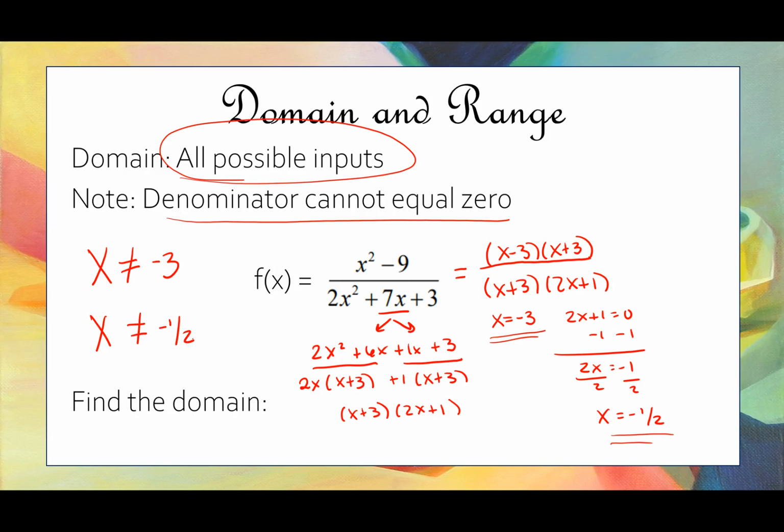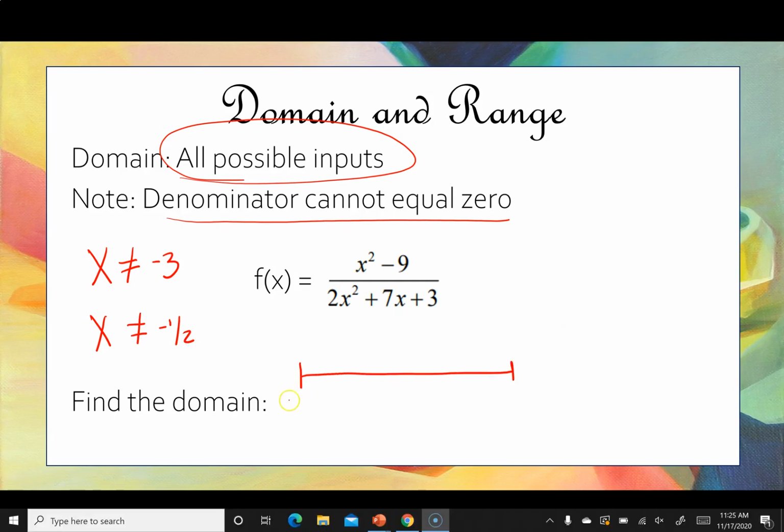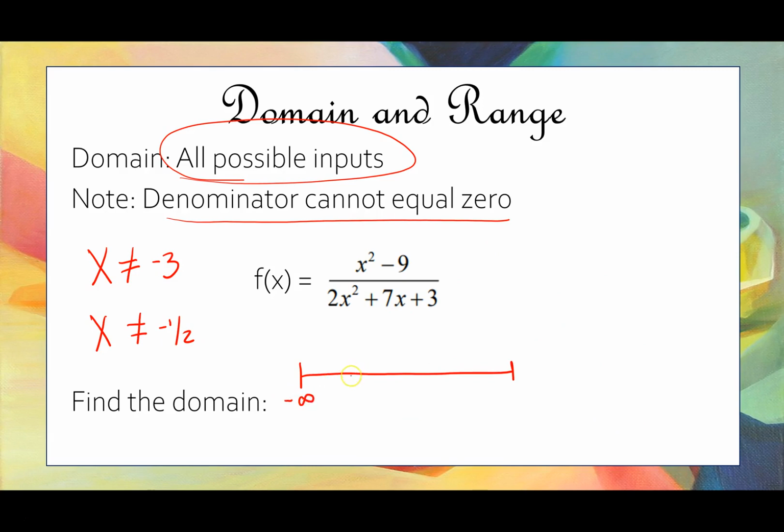So how would I write this in interval notation? Well, remember we're going from minus infinity. What's my next smallest? It would be -3 and then -1/2 and then infinity. So this interval would be from minus infinity to -3, union, which means put together or including all, from -3 to -1/2, union, -1/2 to infinity.